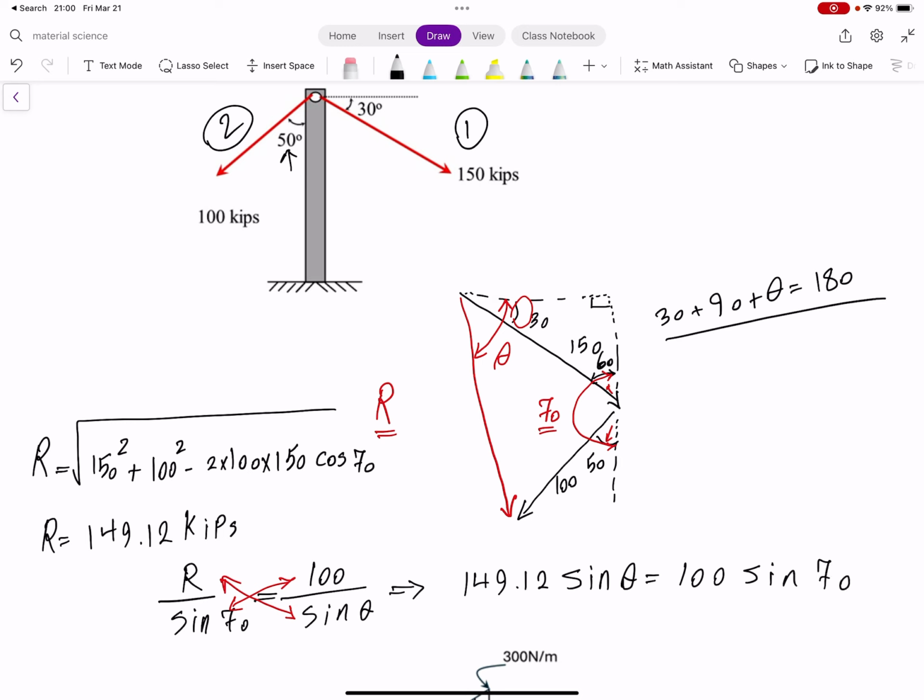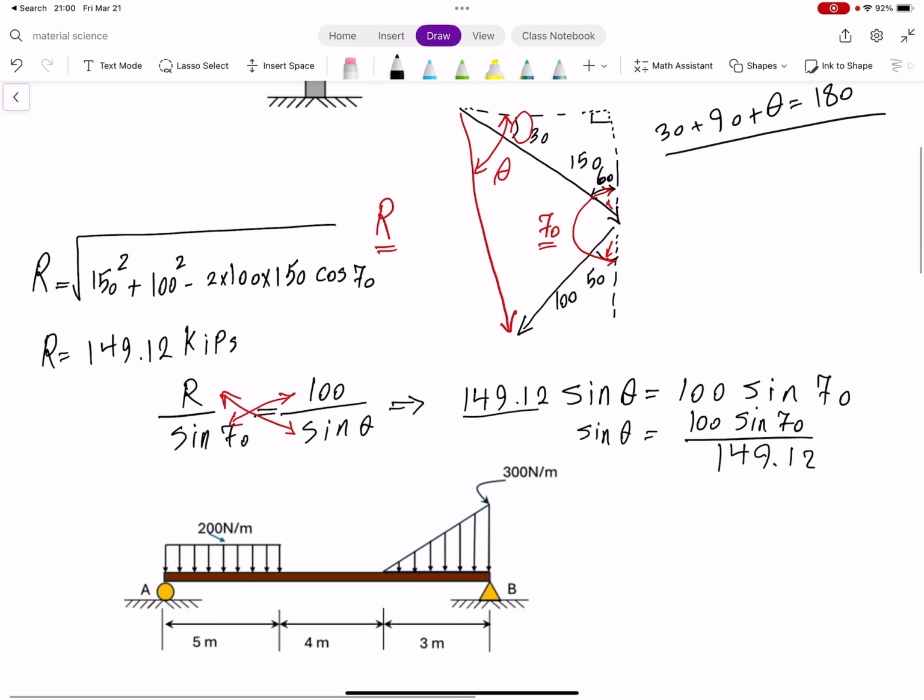So you can divide 100 times sine 70 by 149.12. Sine theta is sine 70 divided by 149.12, times 100.